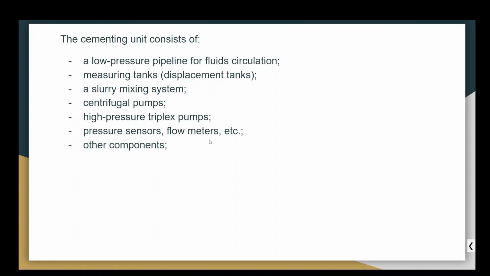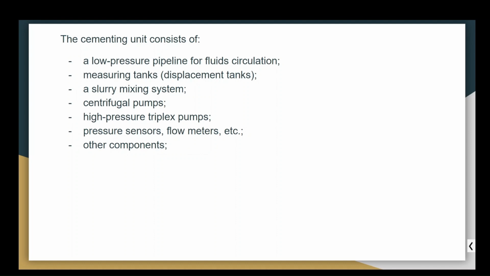Slurry mixing system. This creates slurry and allows us to mix dry cement blended with chemical additives and water to obtain slurry with the right density. Centrifugal pumps, the low pressure pumps, are a key component. Without these pumps, we can't mix slurry, so we can't perform cementing operations.